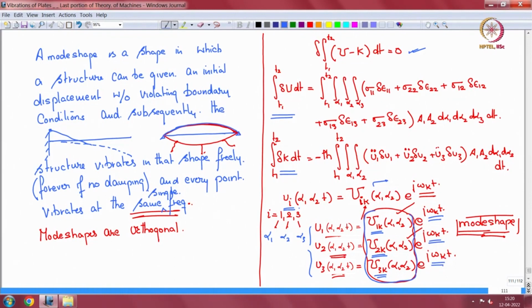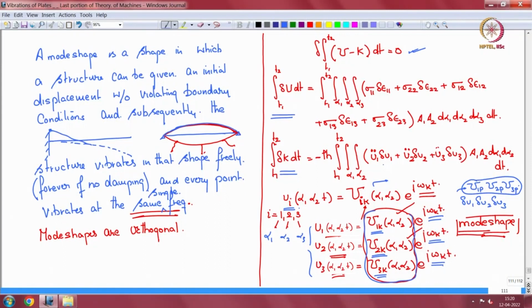Similarly, when there is a variation, a delta u1 or a delta u2 or a delta u3, they will be represented by u1p, u2p and u3p, components of the pth mode shape.